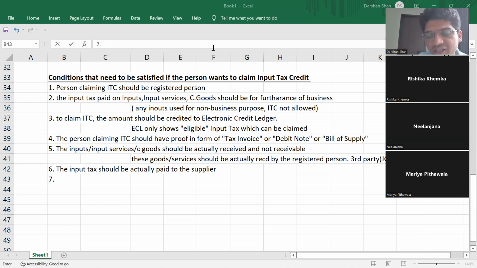Can that person collect GST from me? Only the person who is registered can collect GST, and only the person who is registered can claim ITC. So this entire ITC cannot work if one of the persons is unregistered. It cannot work.